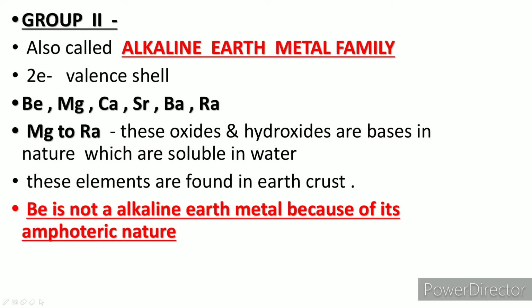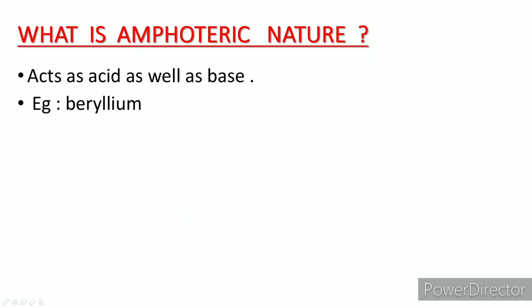From magnesium to radium, their oxides and hydroxides are basic in nature and they are found in the earth's crust. Only beryllium is not an alkaline earth metal because its oxides and hydroxides are amphoteric in nature. What is amphoteric nature? It means it acts as an acid as well as a base.